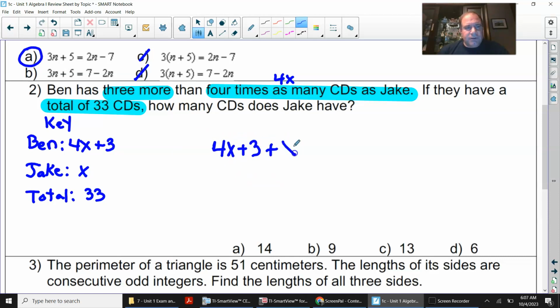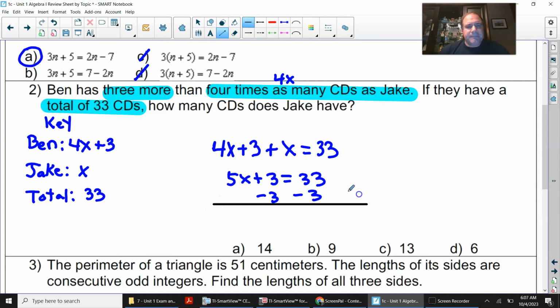So we put that together like this, and then combine like terms. We're going to have 5x plus 3 equals 33. And then minus 3 on both sides. This cancels. You have 5x equals 30. You divide by 5. X equals 6.